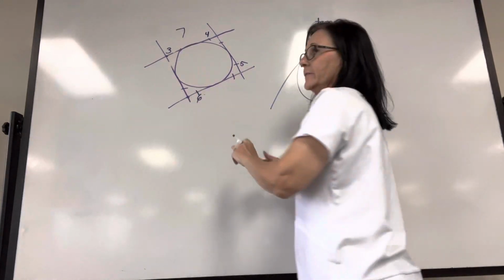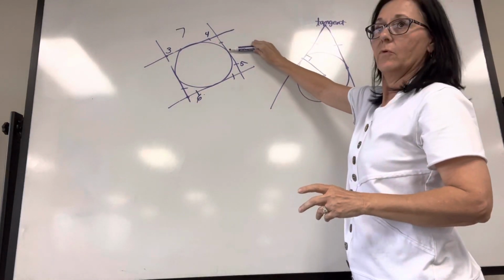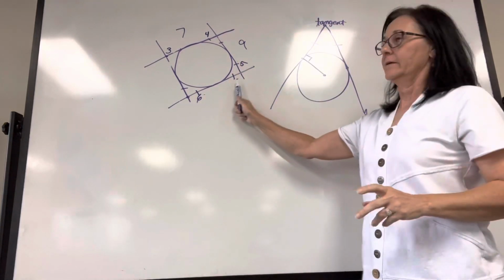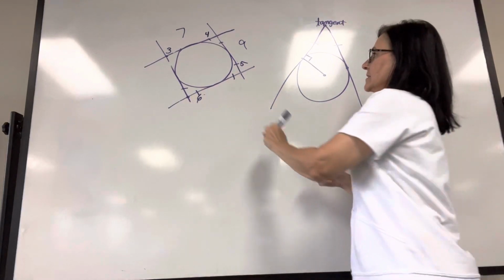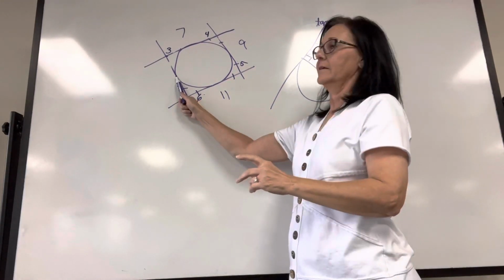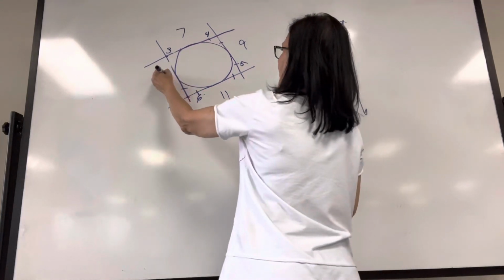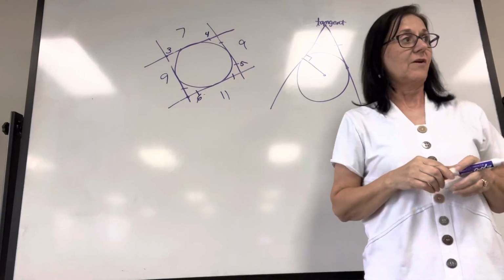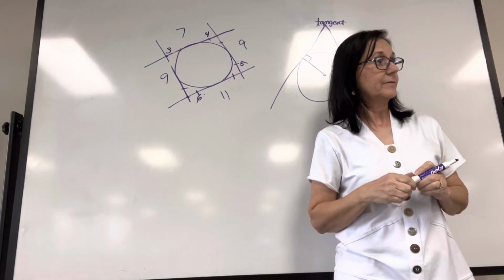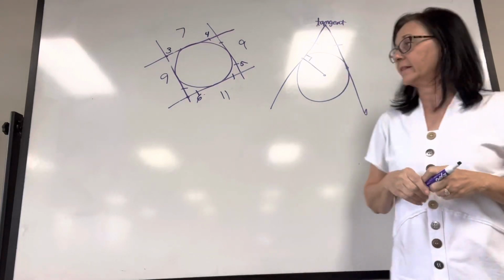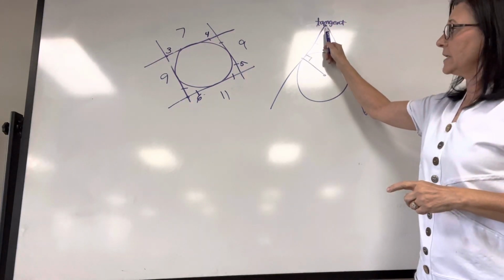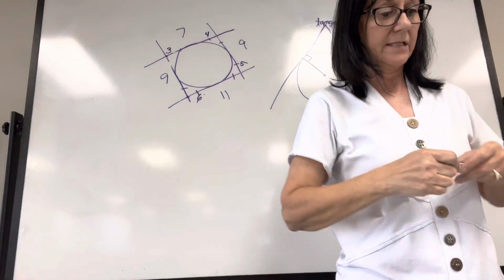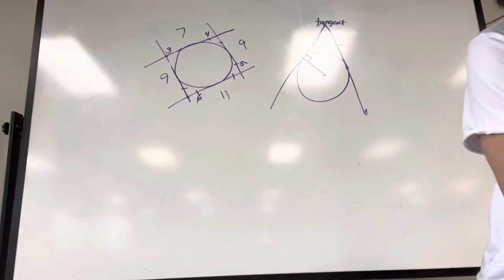So that side is 7. What would this be? 4 plus 5, which would be 9. What would this be? 5 plus 6, which would be 11. 6 plus 3, which would be 9. And so whatever the sum of those values are, you could actually know the perimeter, couldn't you? Because of that one fact that two tangent lines from a common point, the distance from that common point is equal.